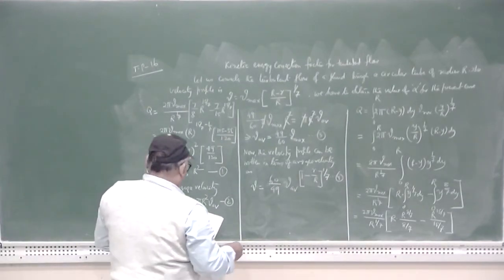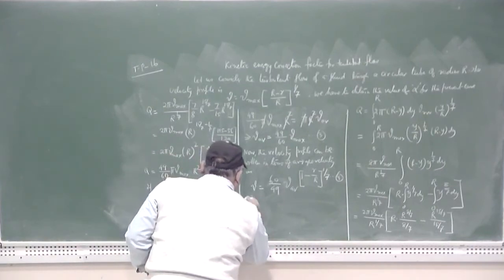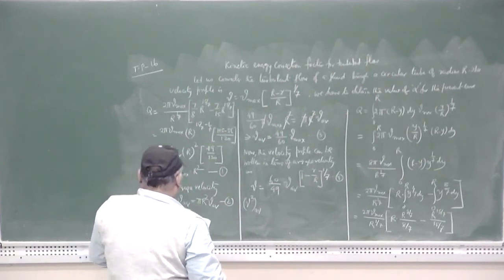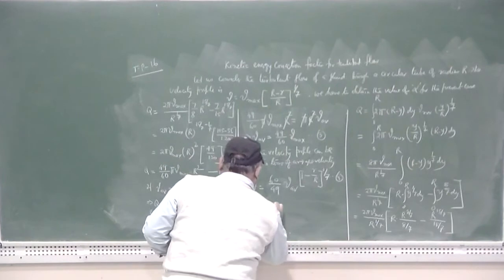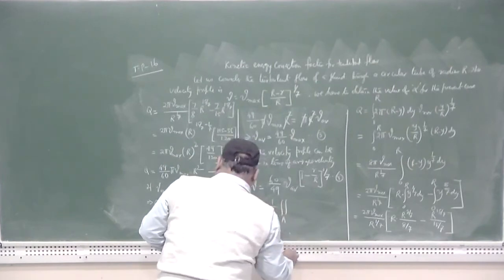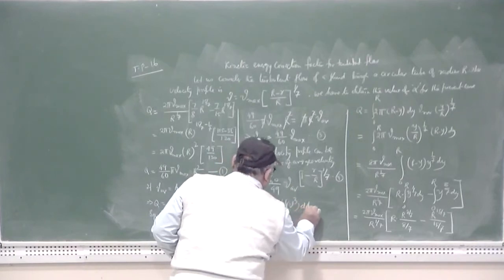Now, average value of this V cube, that is equal to 1 by A double integration over the area A, V cube dA.